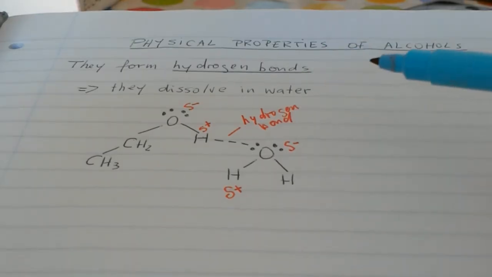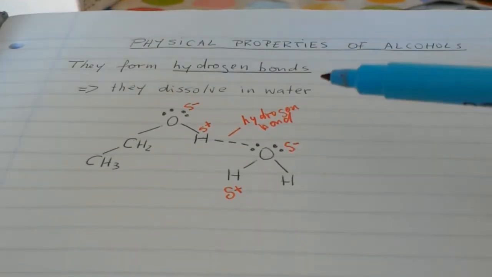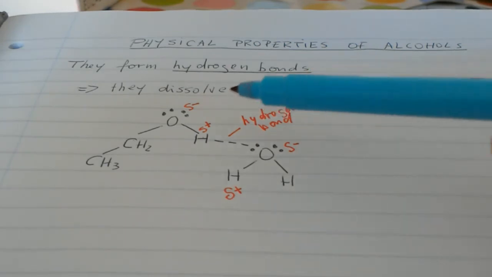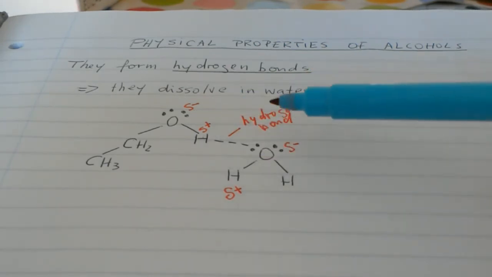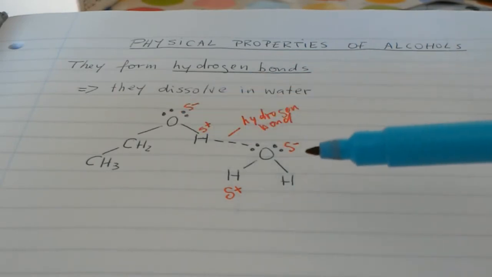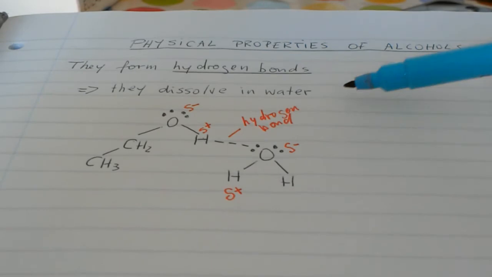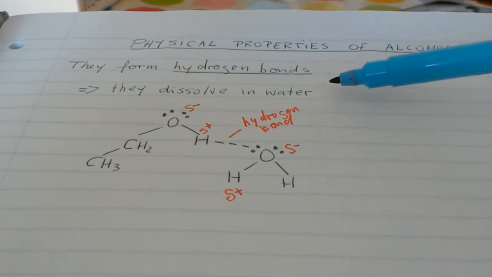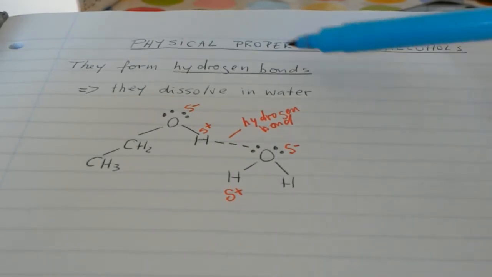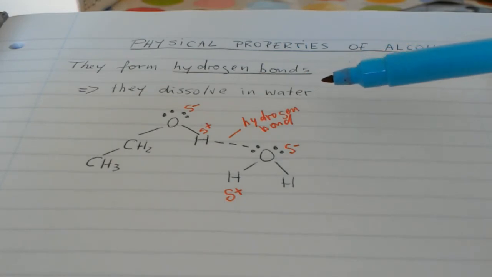And the implication then, because alcohols form hydrogen bonds, is, as we've seen, they can form hydrogen bonds with water molecules, and therefore they dissolve in water. So this is the first physical property of alcohols we're looking at. They dissolve in water.